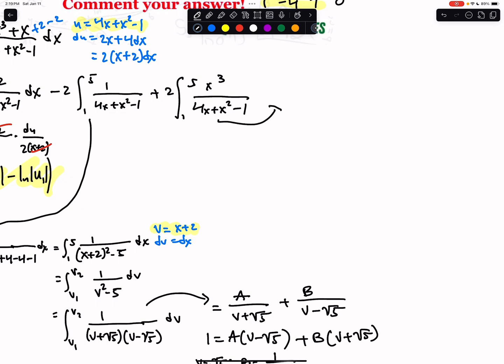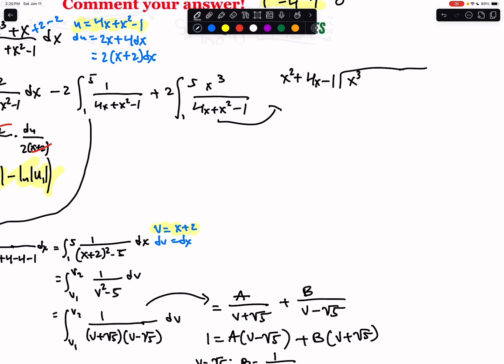I'm going to rewrite the denominator in standard form: x squared plus 4x minus 1. And then we have the x cubed. If it helps you, you can write the 0x squared there as well, but you don't have to.